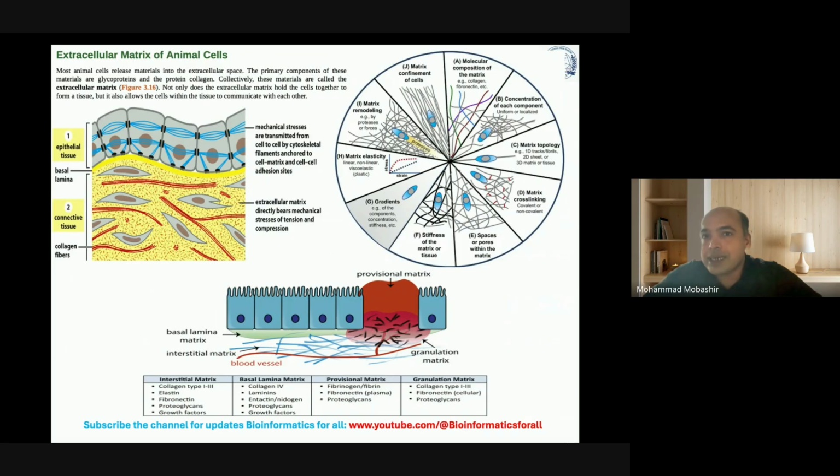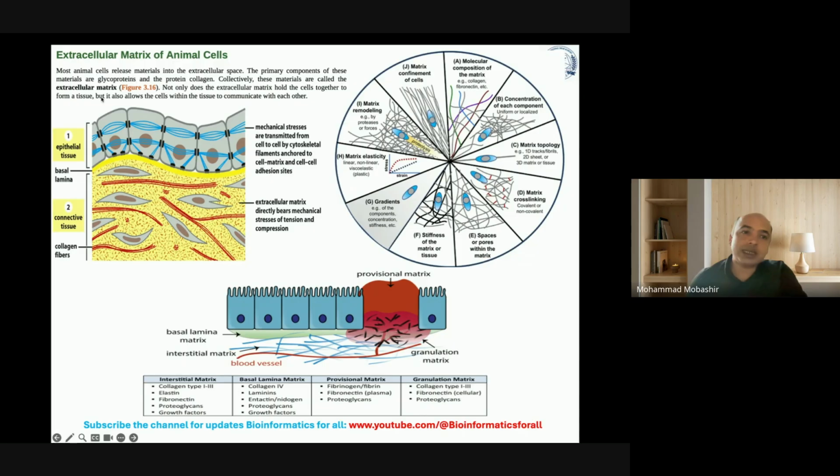So you could understand from this figure, the right side figure, how the roles of ECM could be seen in cells or tissues. So the first thing is to maintain the stiffness of the cell, or to maintain the real shape and position of cells and cell organelles in the proper or appropriate place. Second thing is cellular communication.